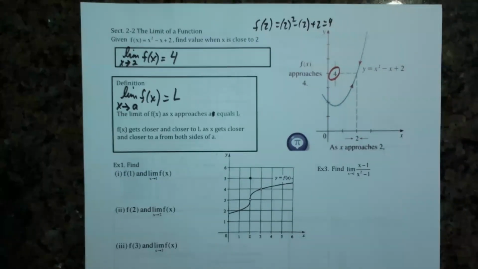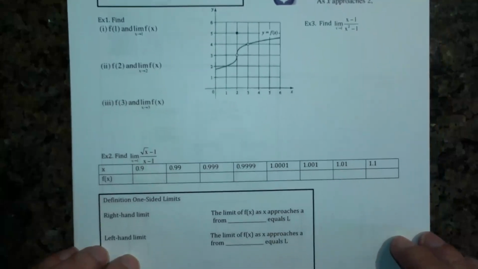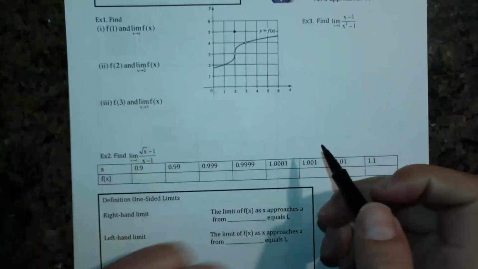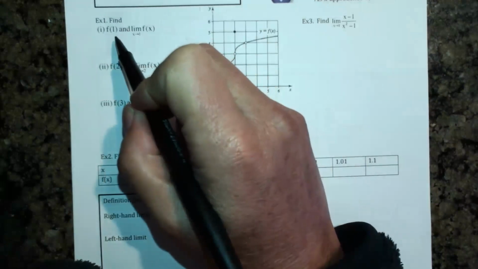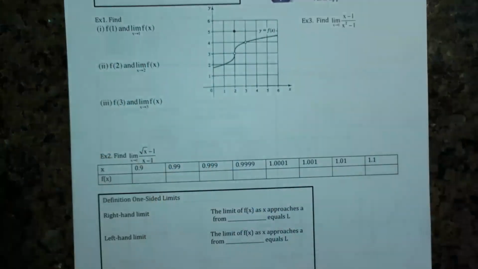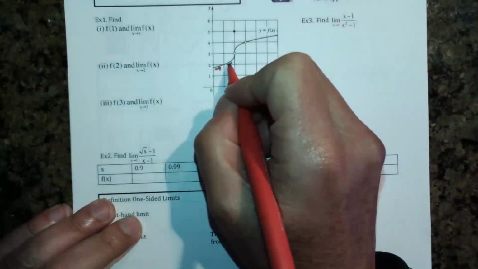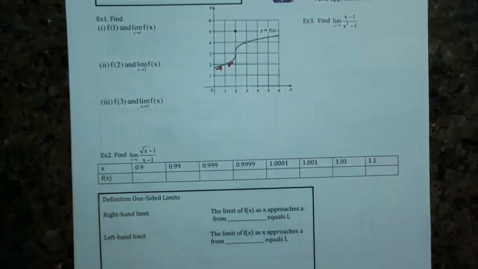All right, let us continue with this. And we're going to use a graph to come up with the limit. So we're going to find f of 1 and the limit as x approaches 1. So here's 1. And we are going to approach from this side and from that side.